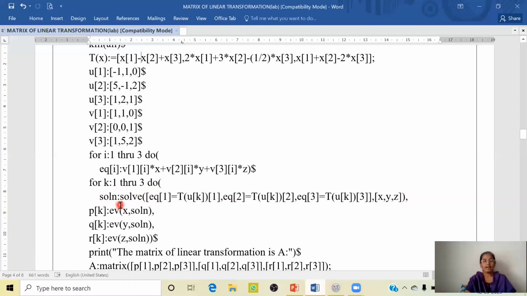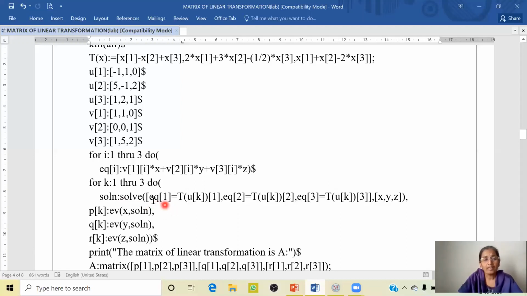Here we have the built-in command solve. We are using the solve command to solve the equations. Solve solves a system of simultaneous linear or non-linear polynomial equations for the specified variables and returns the list of the solutions.